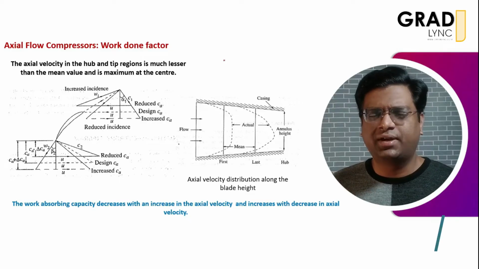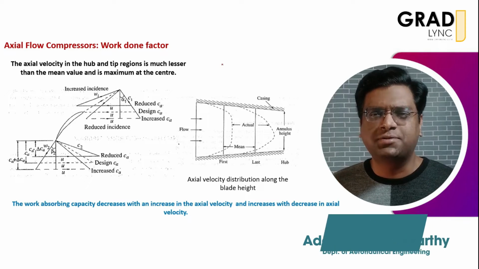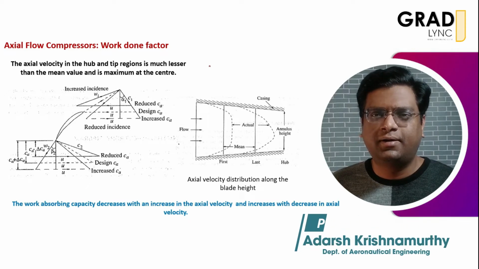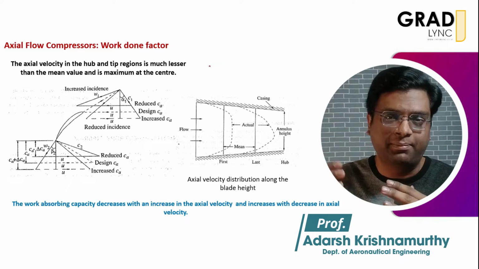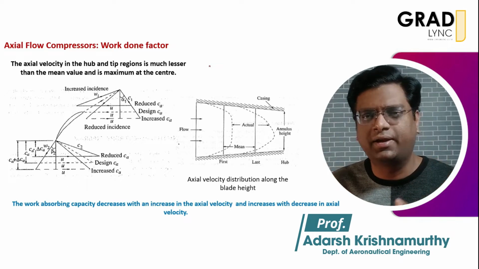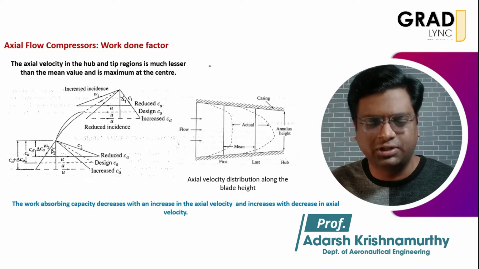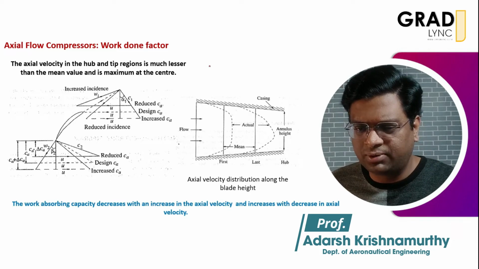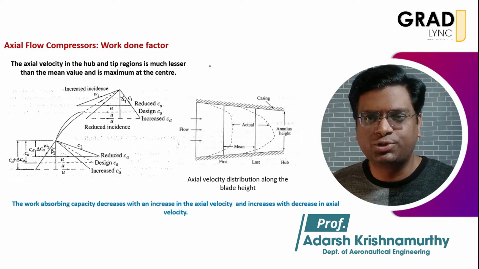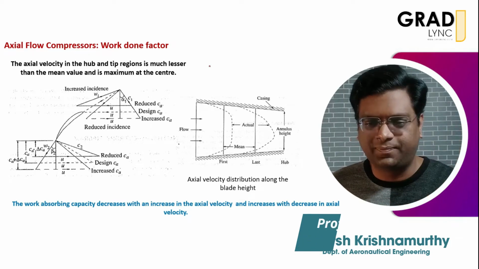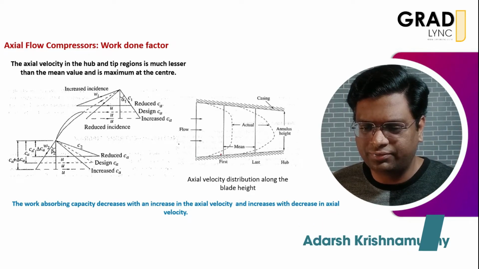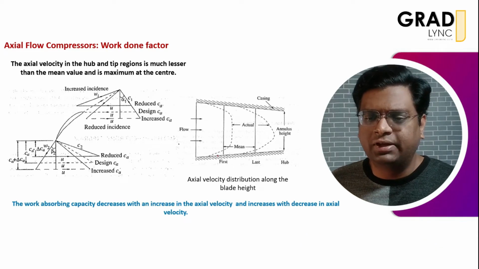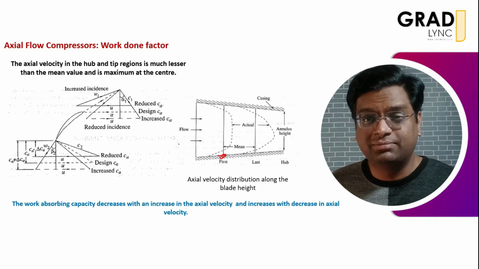We will try to understand what happens to the axial velocity from the blade root to the blade tip, and then we get a clear idea about why there exists some loss in the work. So if I talk about the velocity distribution throughout the blade length, at the hub section, the velocity is not the maximum value, right?